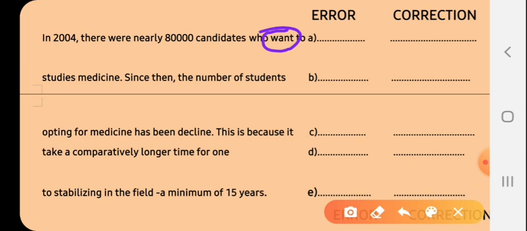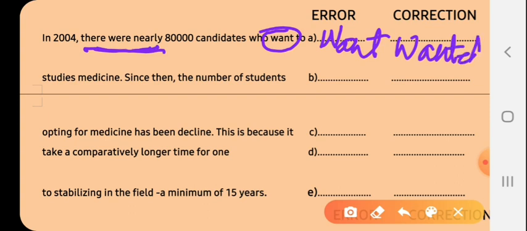What is written here? Want. What I told you, there were, in past tense. So, want is our error and correction is wanted. Error is want. One is clear.